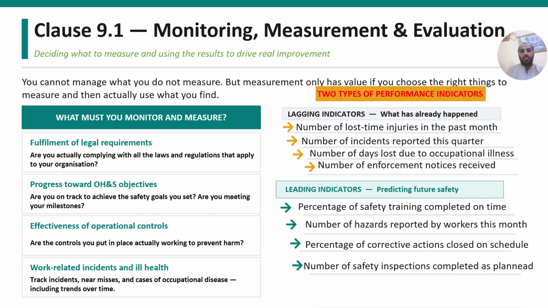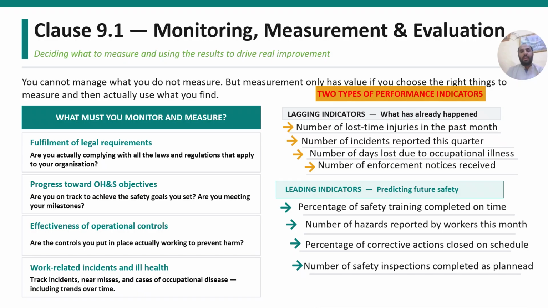If not, why not? The third area is the effectiveness of your operational controls. Are the controls you put in place, the procedures, the barriers, the equipment, the training, etc., actually preventing harm, or are they present on paper but not functioning in reality?